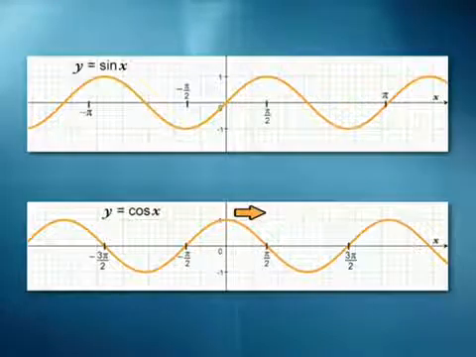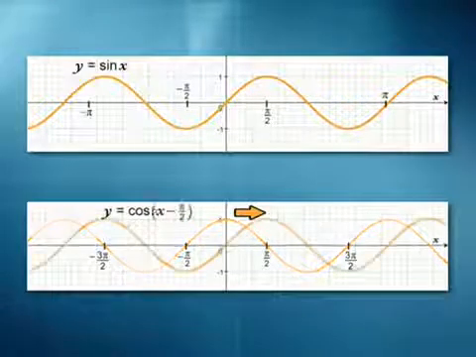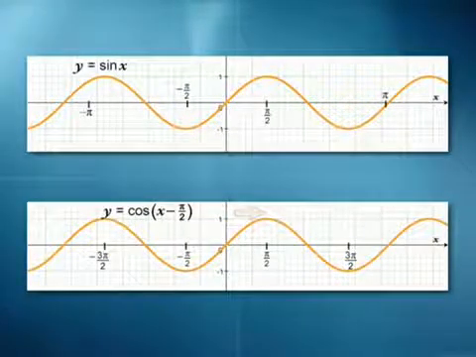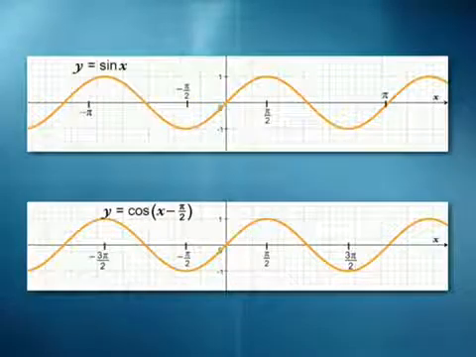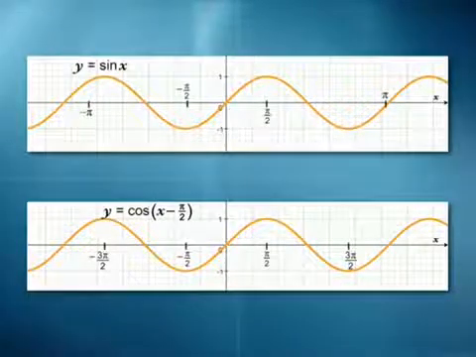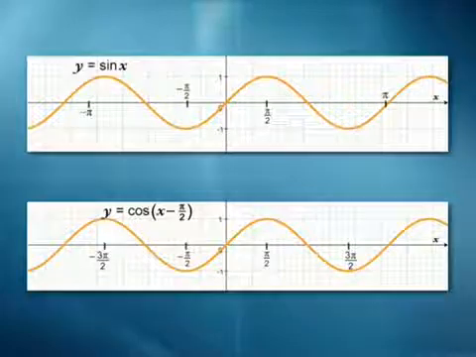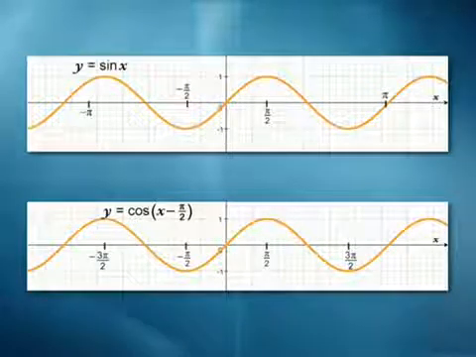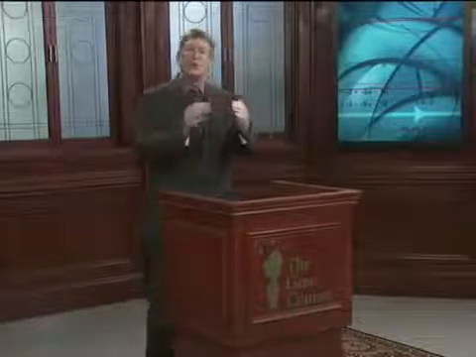So imagine the following. Look at the cosine graph and move it to the right pi over 2 units. It'll be exactly equal to the sine graph, won't it? Just shift it over and you've got the sine graph. So that's what we're talking about here. We're shifting one curve to get the other.